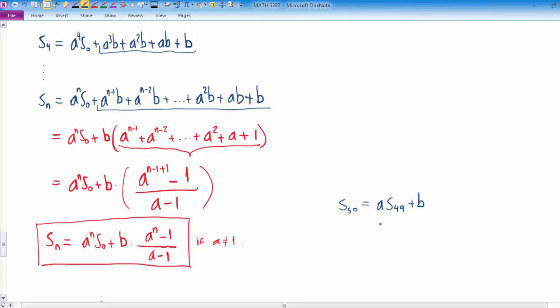In order to find S49, you need S48, and so forth. Now, with this closed formula, we don't need to find the previous terms. We can simply say S50 is A to the 50th power times S naught, which is given, plus B, right, times A to the 50th minus 1 divided by A minus 1.